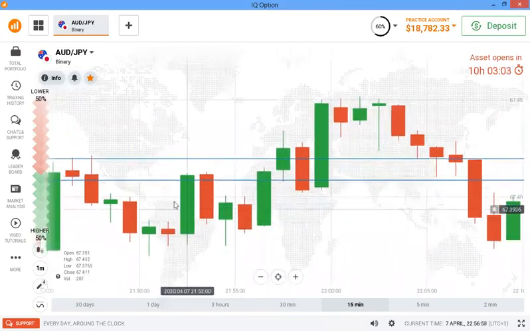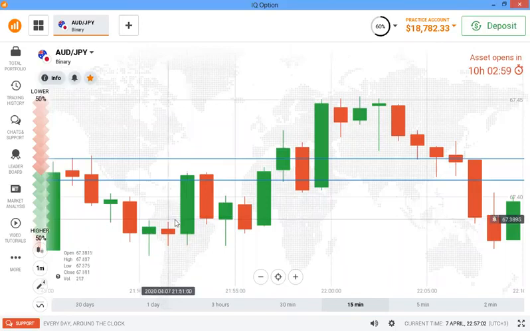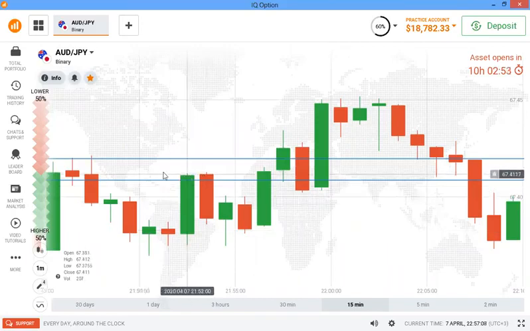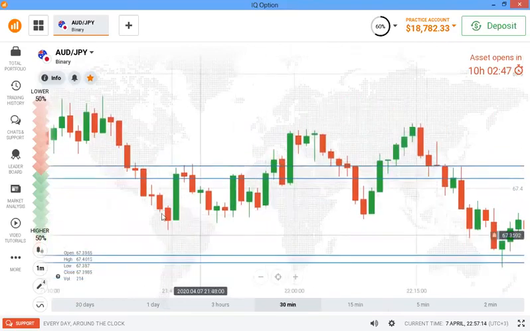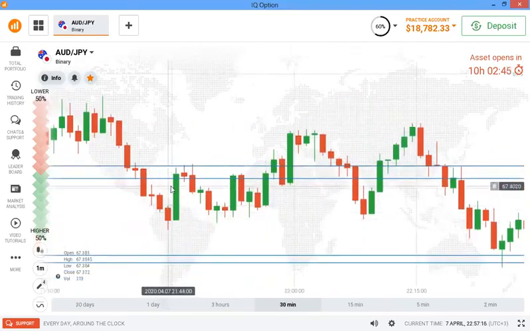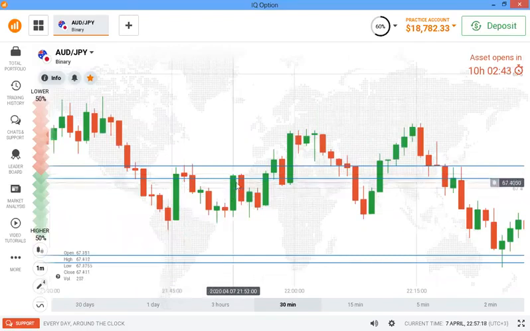Here, maybe the buyers forming this bullish candle were struggling. The buyers struggled to form a bullish candle here, then finally they closed on this level. Maybe here they entered at once, because here they tried and failed. Again, they tried and failed. Now maybe they entered here at once.